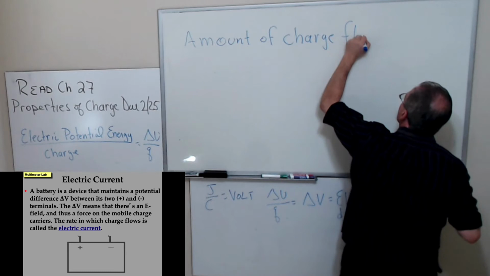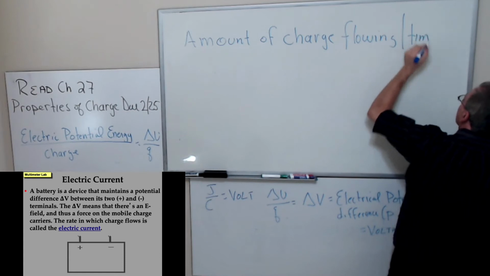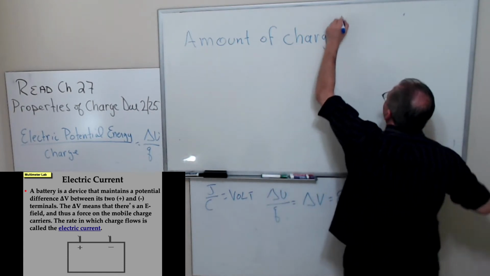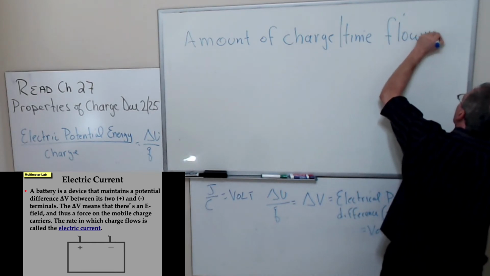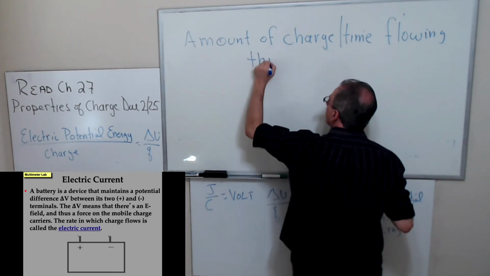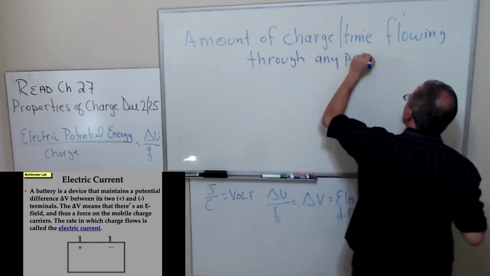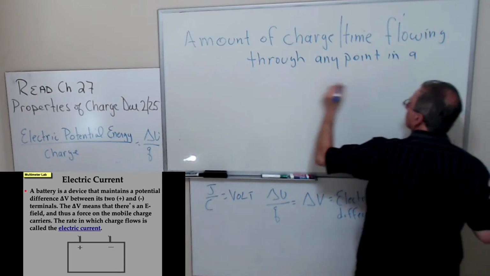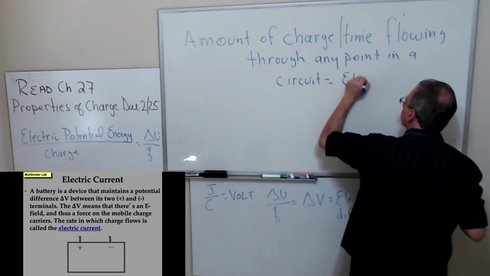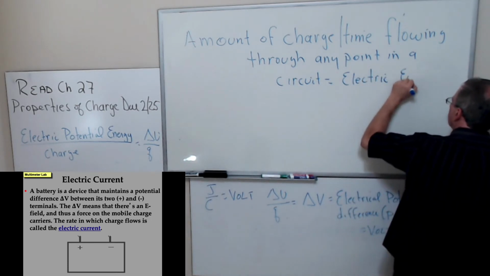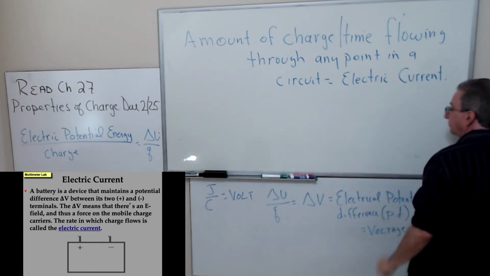The amount of charge per unit time flowing through any point in a circuit we call the electric current. That's how I'm going to define it.